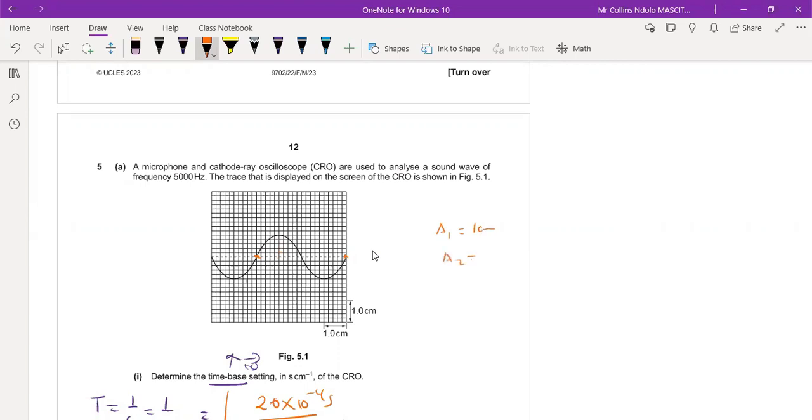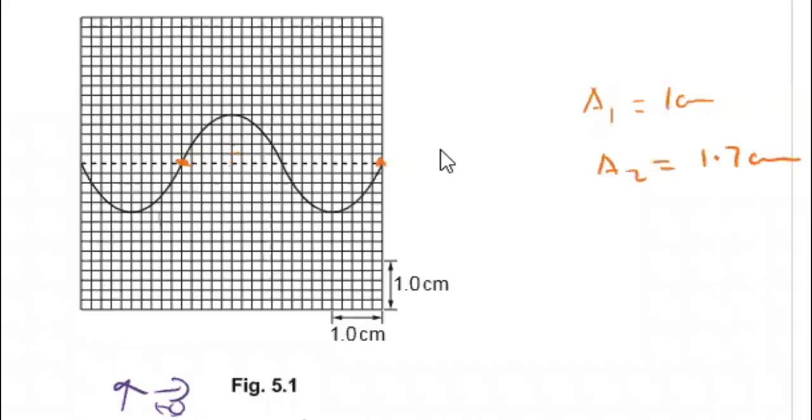That means amplitude 2 will be 1.7 centimeter. So from here, this is 5, 6, 7. The amplitude will be here. Then this one also will be somewhere here. Then this also will be here.